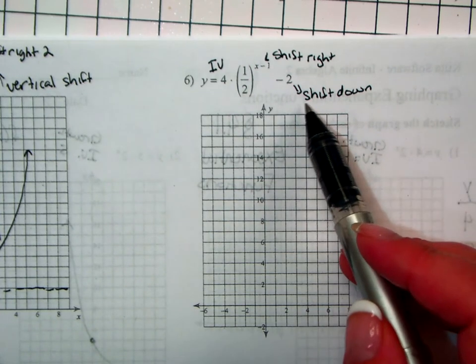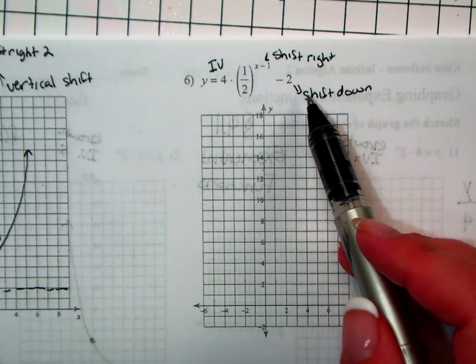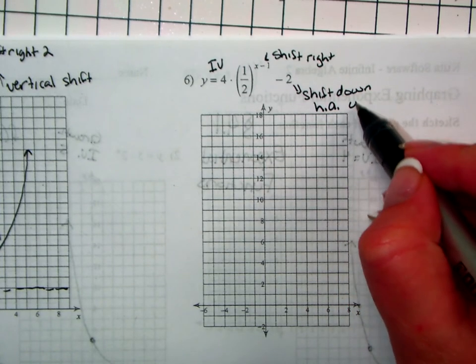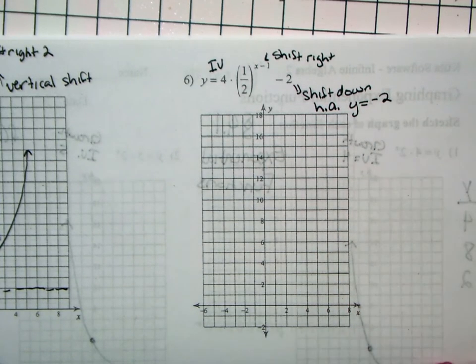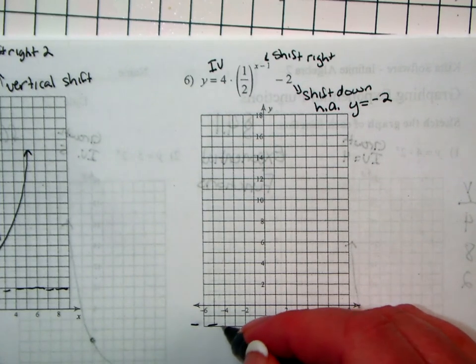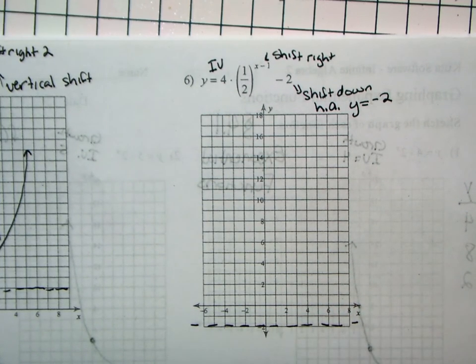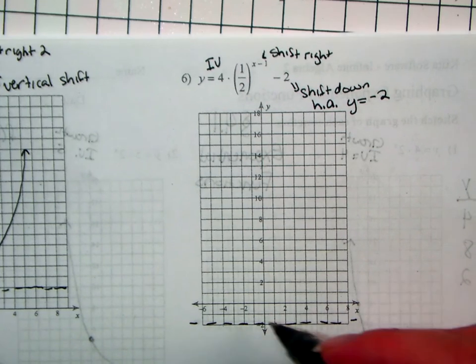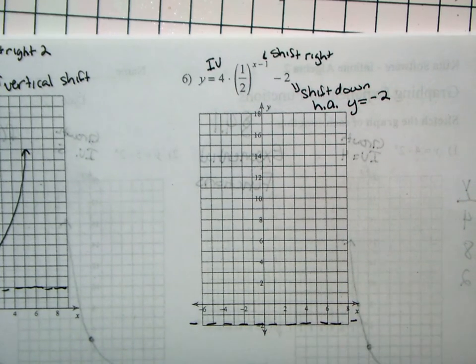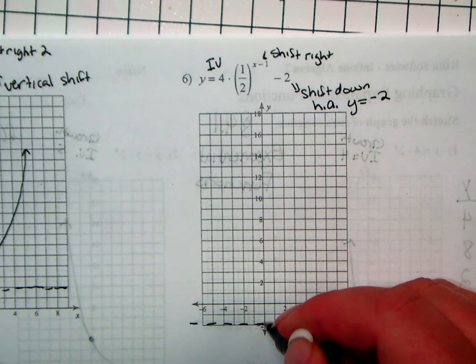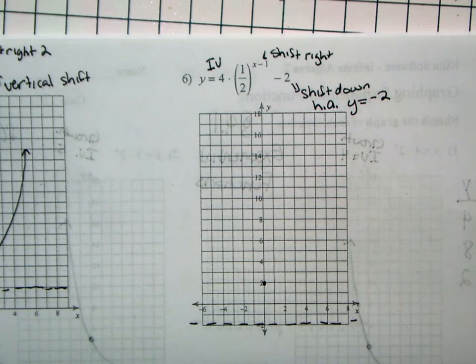So this shift down tells you exactly where to put the asymptote. The horizontal asymptote is at -2 this time. So I'm going to draw the asymptote first. And then the initial value is 4. So 4 units above the asymptote is the y-intercept. So 4 units above -2 lands at +2.